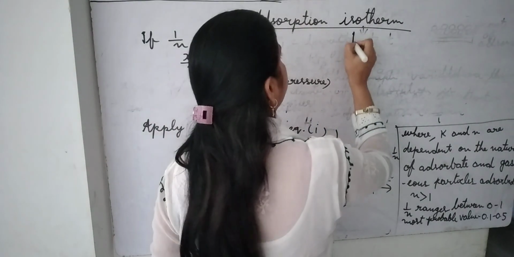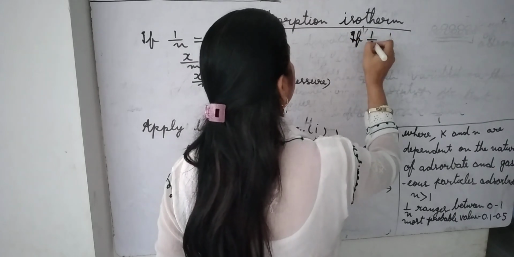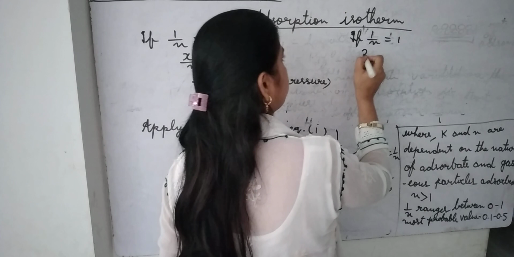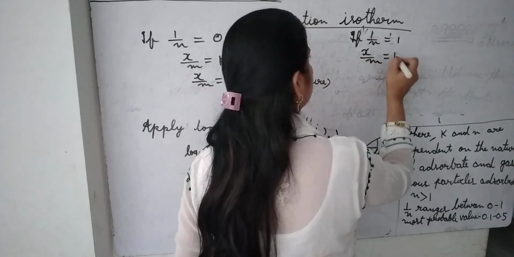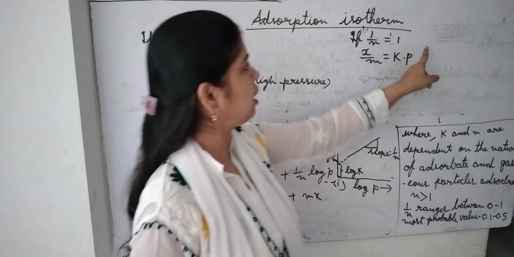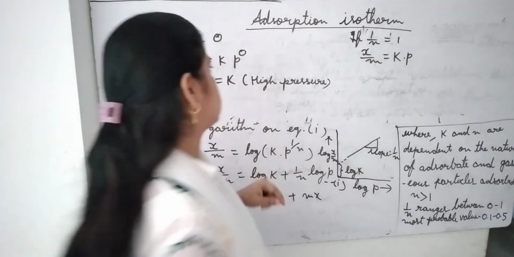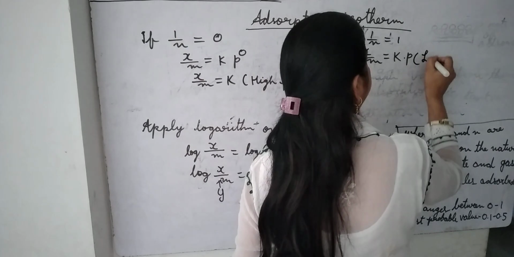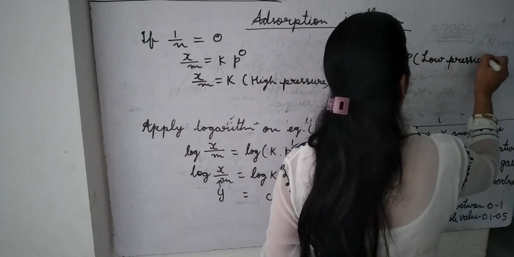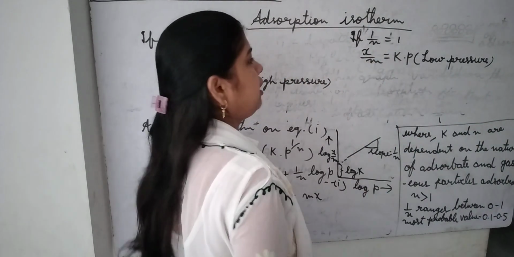Now, if 1 by n is equal to 1, so x by m is equal to k p to the power 1 by n, so this is 1, and this process occurs at low pressure, when we are increasing pressure initially.